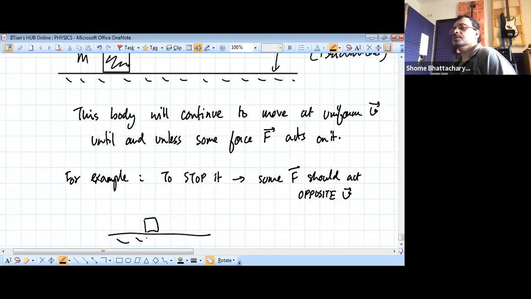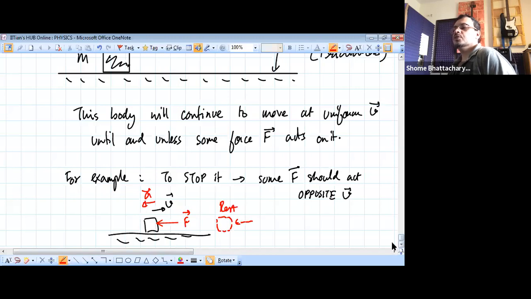If I want to stop its motion, it's moving at a velocity v like this, so I'll have to apply some force in the direction opposite to the velocity. This force will now create an acceleration which will be opposite to the velocity. And then after some time, the body might come to rest. By the time it's here, it might come to rest.